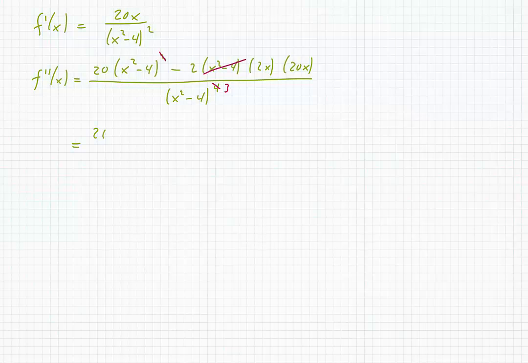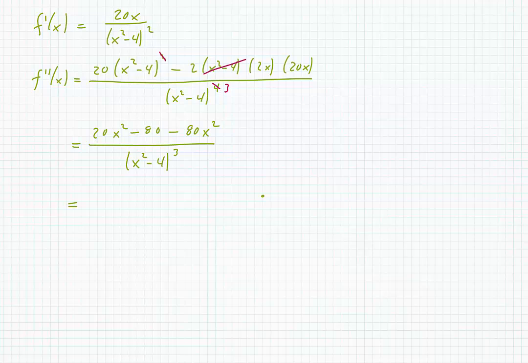I'm going to have 20 x squared minus 80, then minus 80 x squared, and that's all going to be divided by (x squared minus 4) cubed.